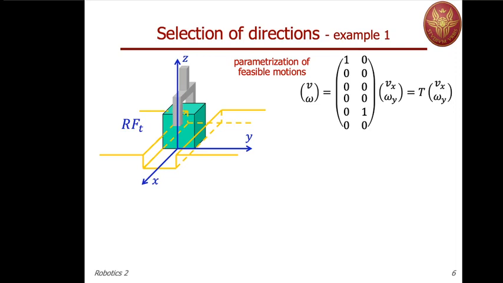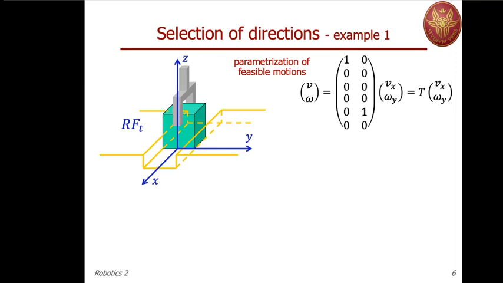So we can write this simple relation, in which we can consider any generalized velocity for the end effector, but those associated to feasible motion have only this direction.